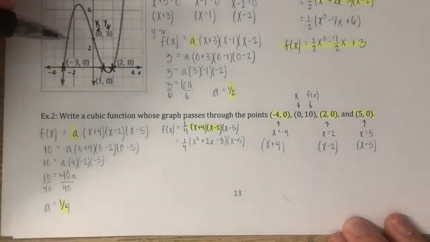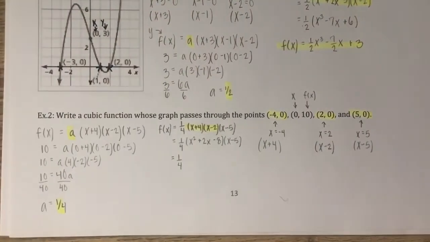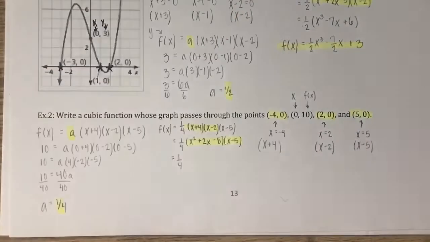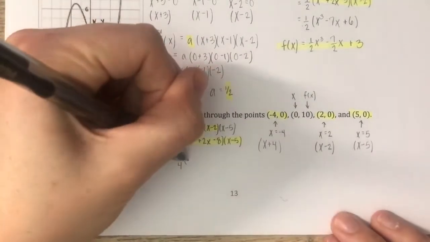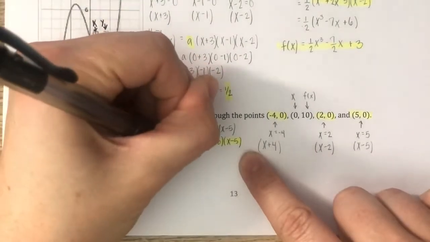times x minus 5. And then same thing, we'll leave the 1/4 out in front, and now we'll multiply the trinomial by the binomial. So x squared times x is x cubed. X squared times negative 5 is negative 5x squared.